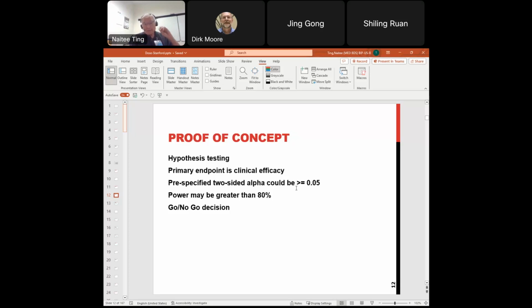Remember, the deliverable of a POC study is a go or no go decision. If you cannot deliver this decision, this trial failed because the trial cannot tell you what decision to make. So that's a problem of inconclusiveness.